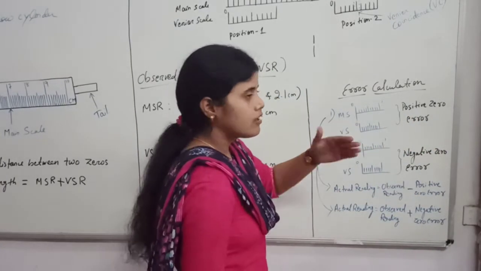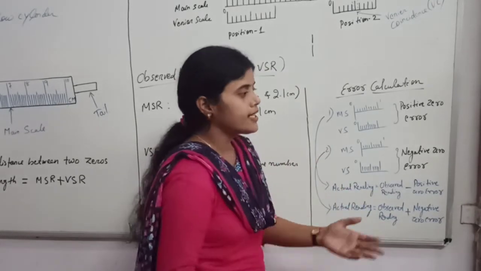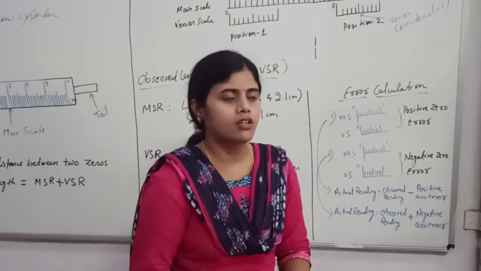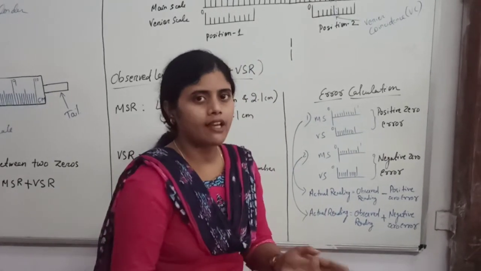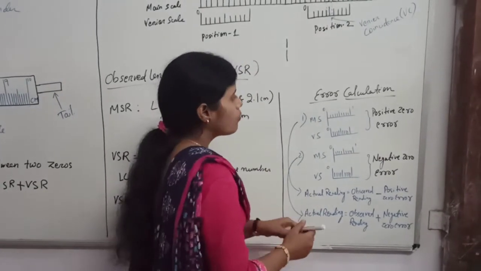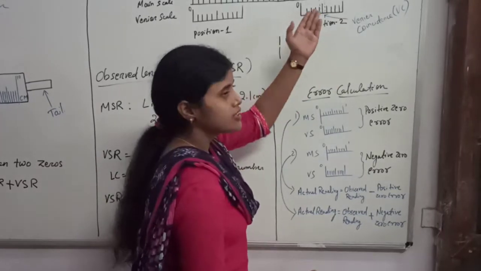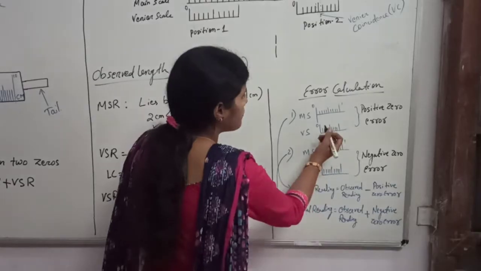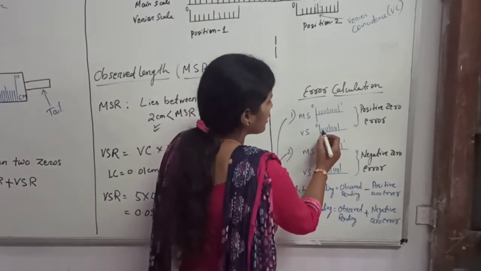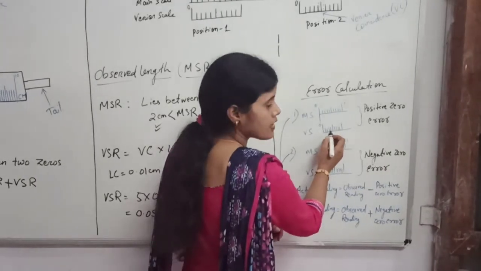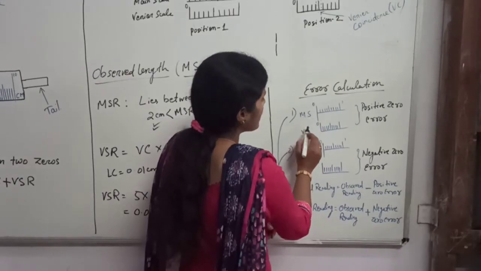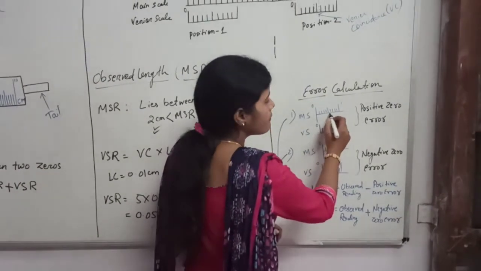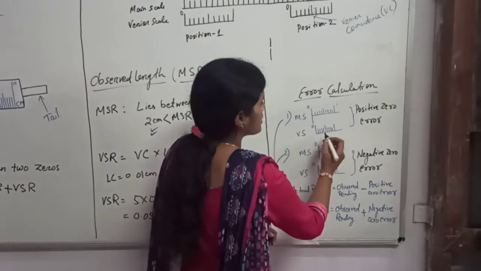First of all, I already told you, you have to locate whether your instrument has positive zero error or negative zero error. Suppose it has positive zero error. Now what do you have to do? You have to follow the same procedure you followed for vernier coincidence. You have to check which division of this vernier scale, this is the main scale, this is the vernier scale, will coincide with any division of the main scale.